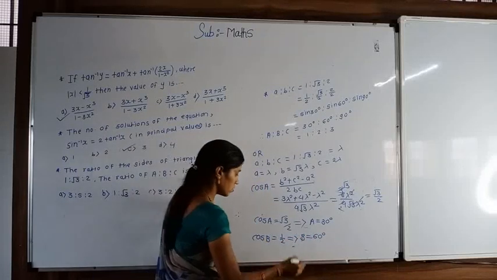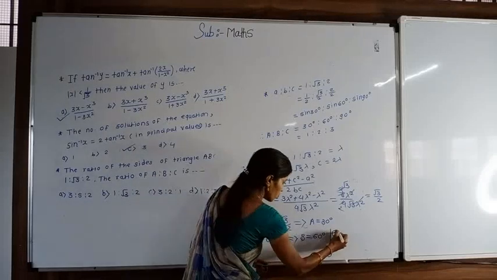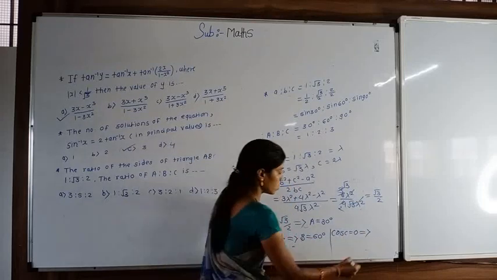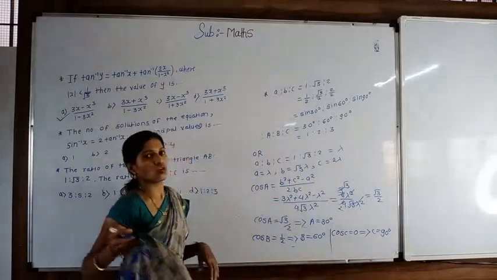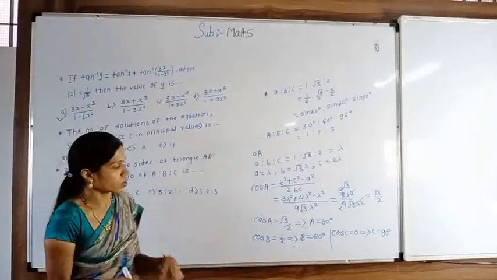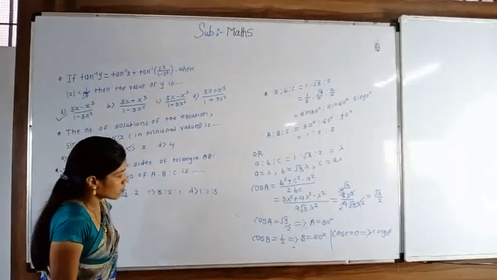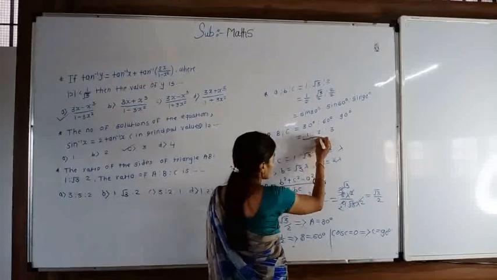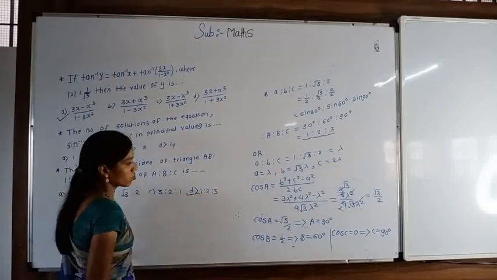Okay. Now see, we also use this rule to find cos C is 0, and the solution of this equation is C is equal to 90. That is the ratio of the angles of triangle ABC. That is A is to B is to C is 1 is to 2 is to 3, and it is the correct answer. Okay.